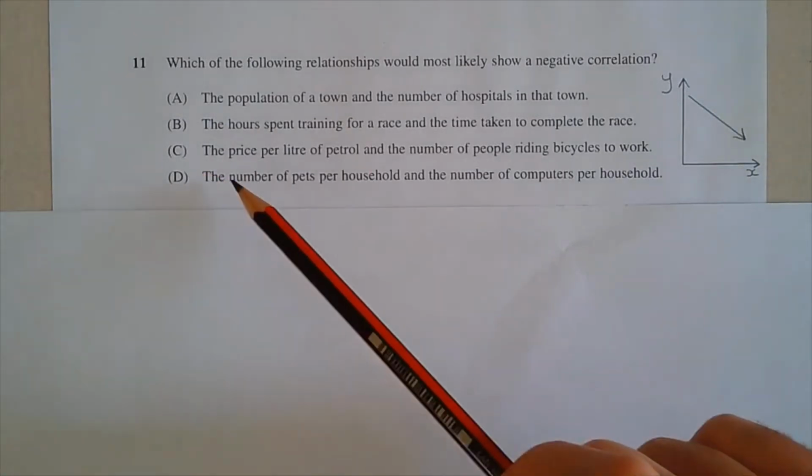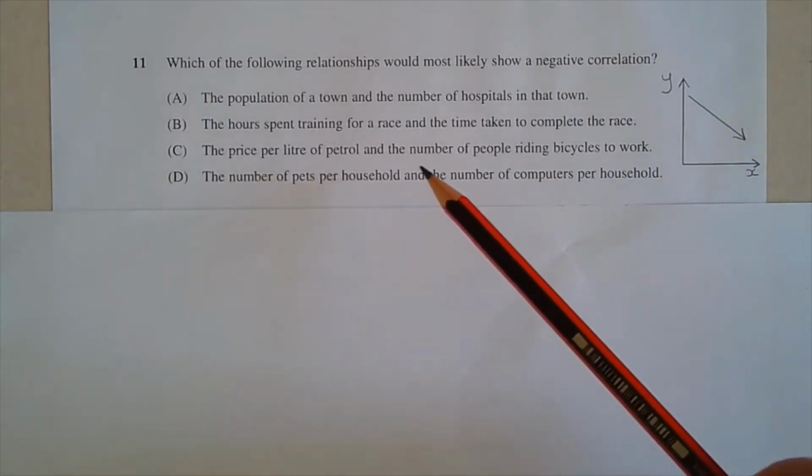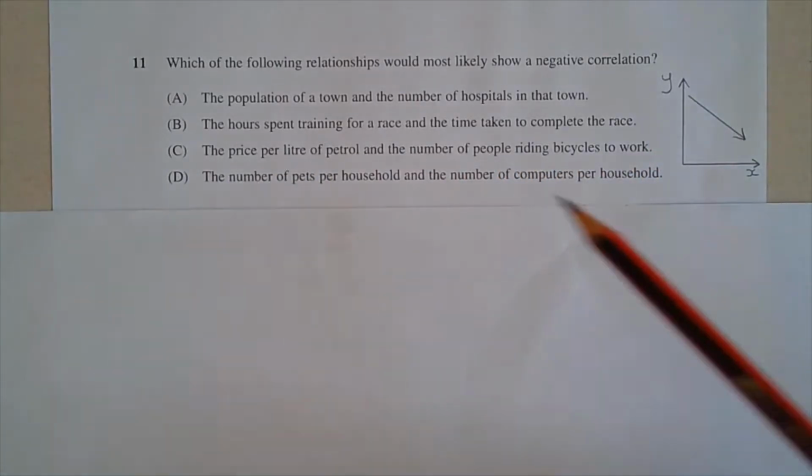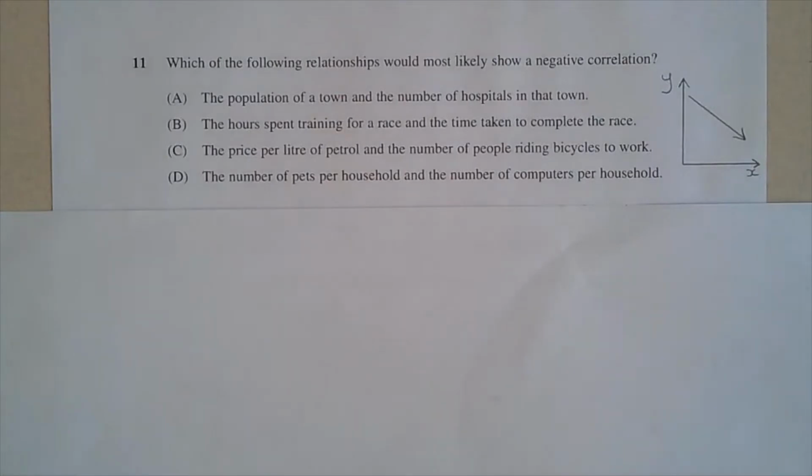Let's have a look at option C, the price per litre of petrol and the number of people riding bicycles to work. As more and more people ride bicycles to work, maybe the price of petrol might go up to compensate for the fact that there's less cars on the road. I don't know. But with option C, there's a lot of other factors that affect the price of petrol, not just the number of people riding bicycles to work.